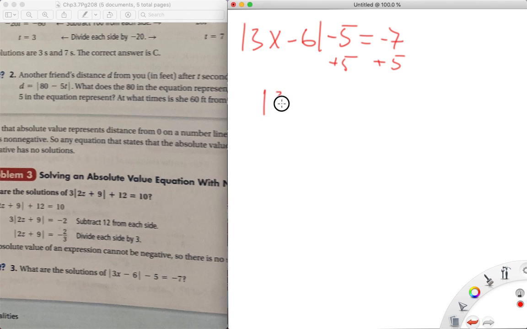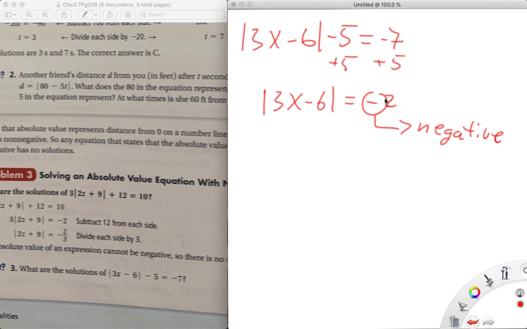And I have the absolute value of 3x minus 6 equals negative 2. We have a negative sign here, right? And that negative is there before we do anything to it. We still have the absolute value symbols. We haven't separated both scenarios.